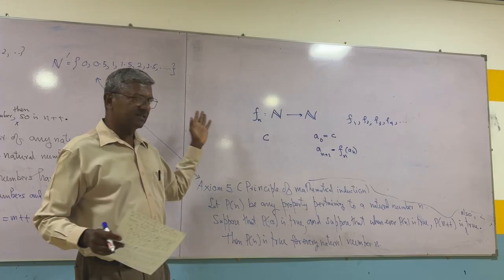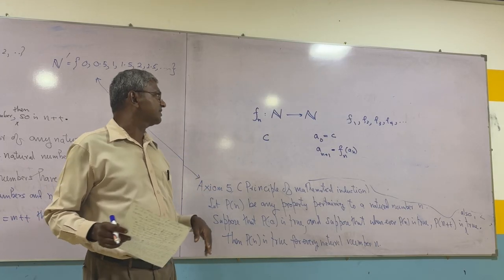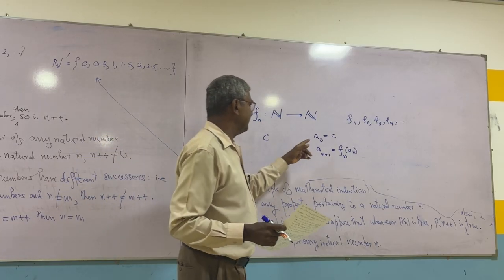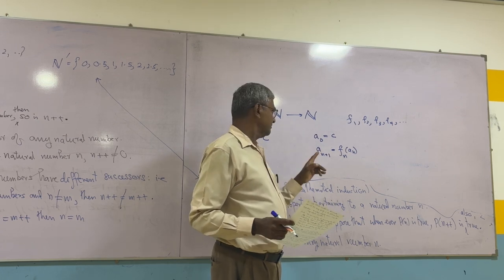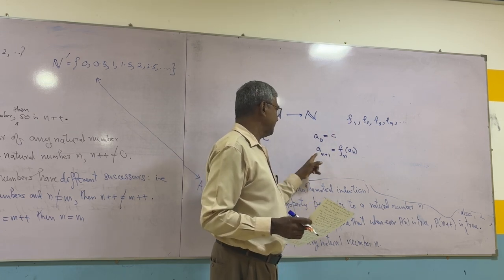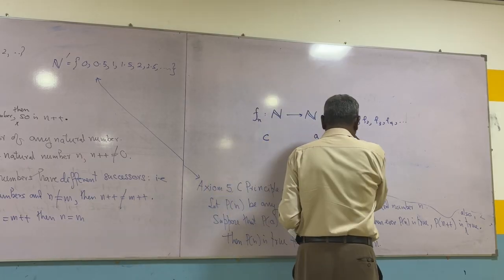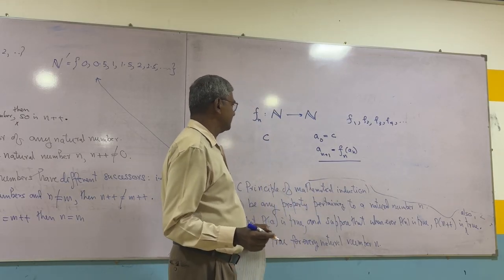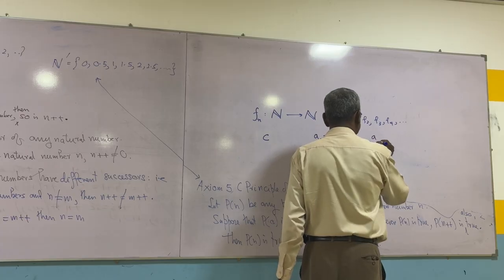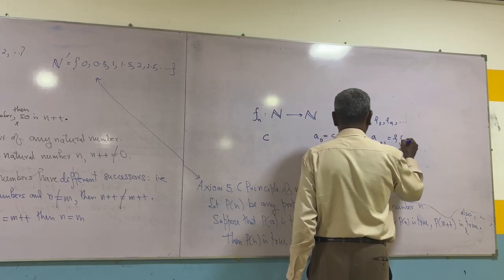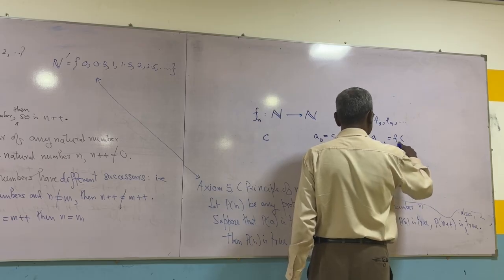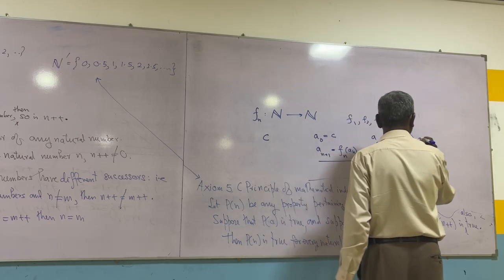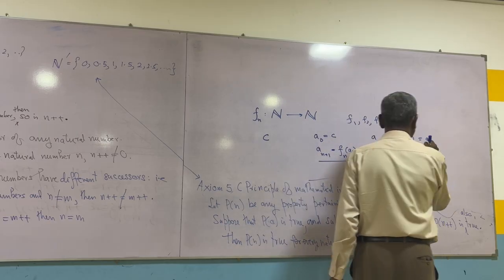Then you see, you are given the functions f1, f2, f3, f4, each going from N to N. So we are defining a0 equal to C. We are defining this way, like the way I wrote the Fibonacci sequence. Then a1 is f0 of a0.